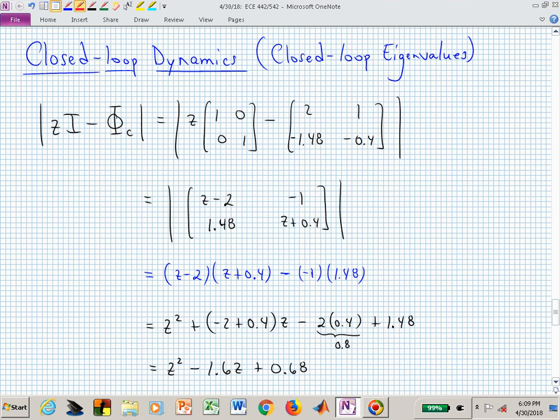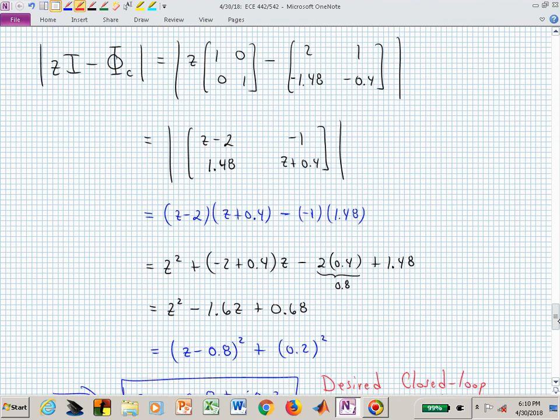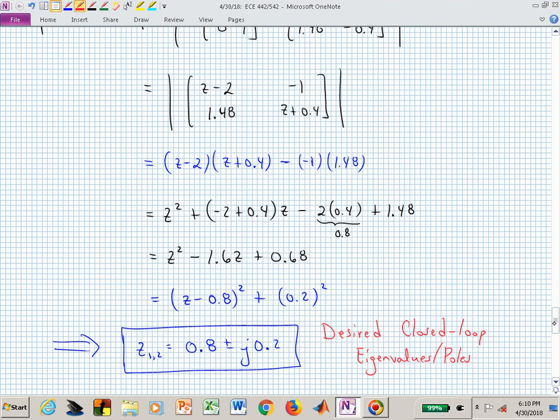If you wanted to, you could complete the square from that, and you could say, what times 2 would give me 1.6? That's now my z minus 0.8 expression, and then I have to adjust for 0.8 squared. Well, that's 0.64.